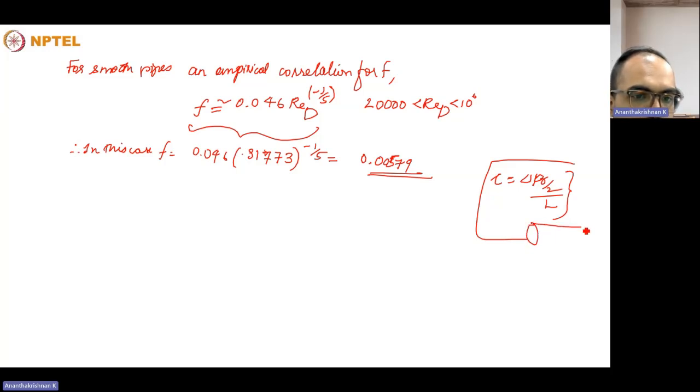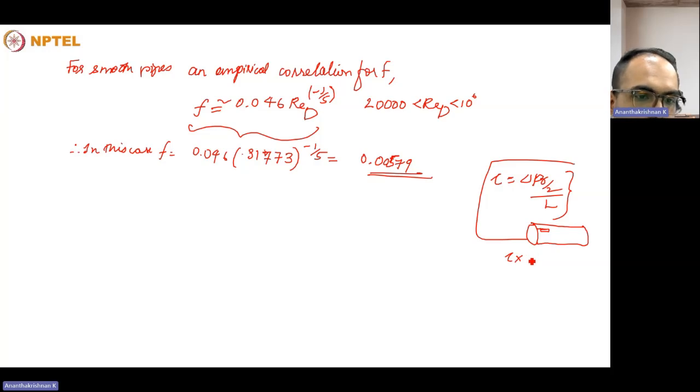In the case of a ducted flow, we take a small control volume. The shear stress acting on the bottom and the top part of the control volume will be balanced by the pressure drop that occurs between the start and the end.